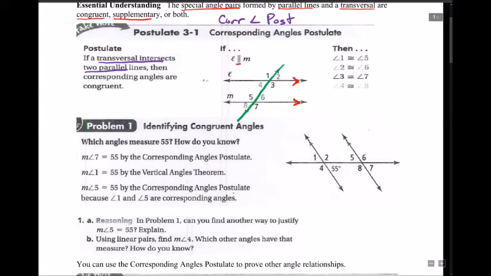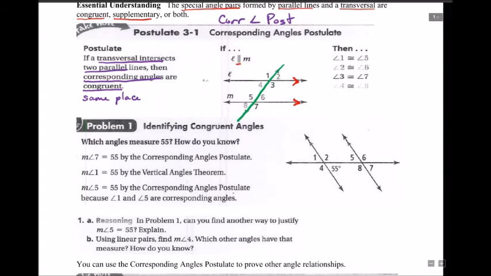So if we meet our requirement here, we have two parallel lines and they're being intersected by a transversal, then corresponding angles are congruent. Oh, that sounds special. And which ones are the corresponding angles? Remember, corresponding angles are in the same place, same position.